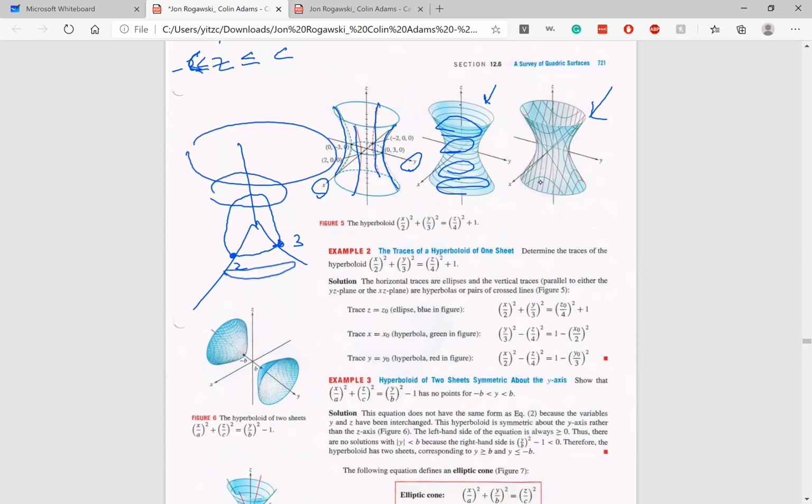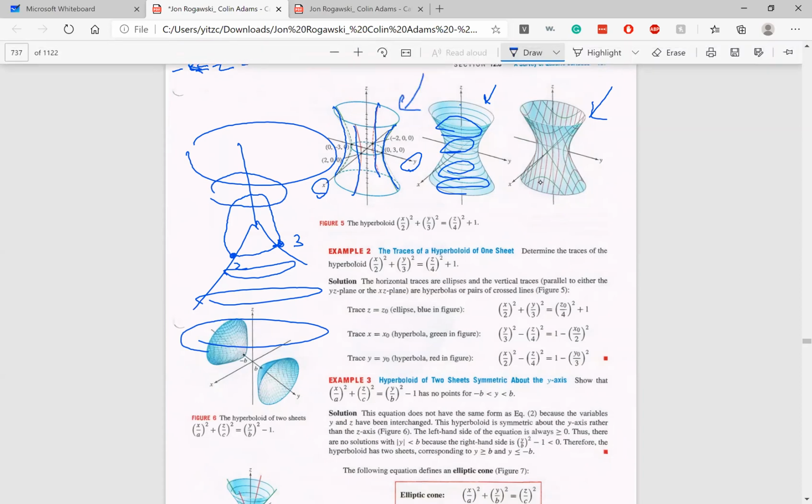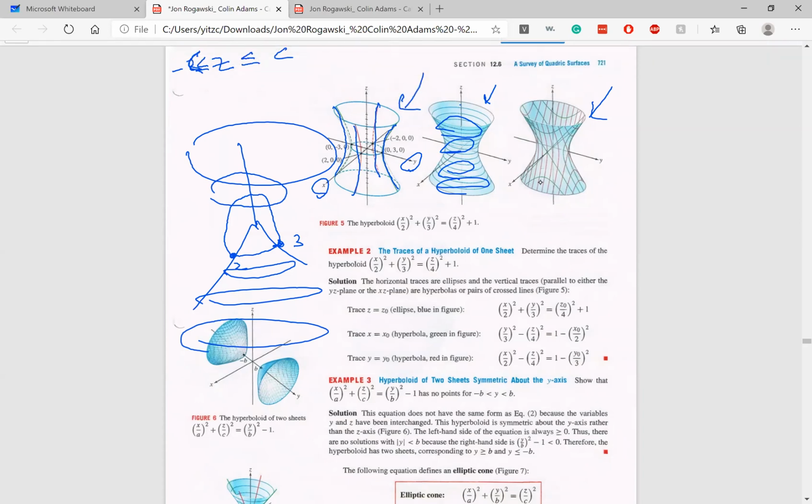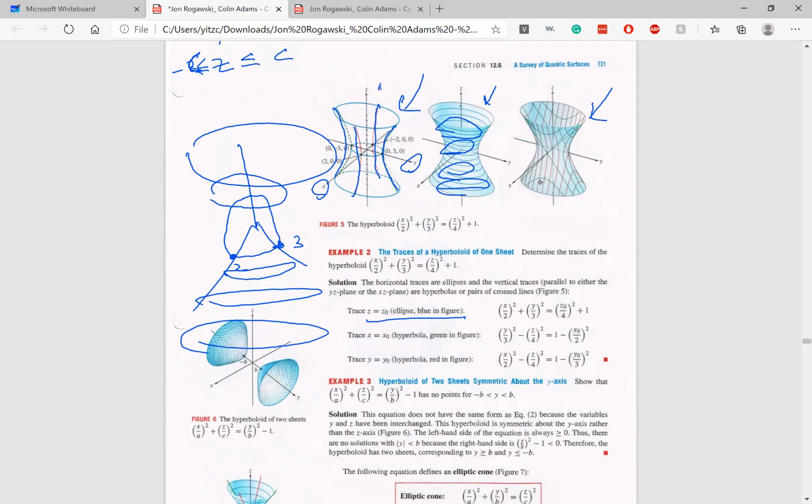Now this picture's not going to be great, but maybe it'll get the point across. It should kind of start looking like this. So those are the ellipses. And also there's supposed to be this ellipse over here.